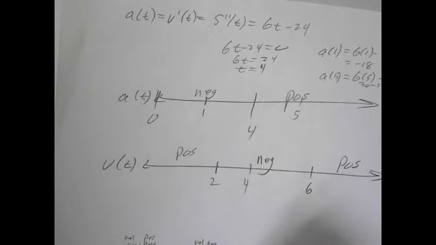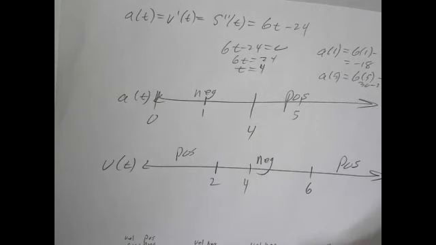From 4 to 6, our velocity is still negative, but our acceleration is positive. Okay? From 6 on, velocity was positive, and acceleration was positive. And so here's what we're seeing.